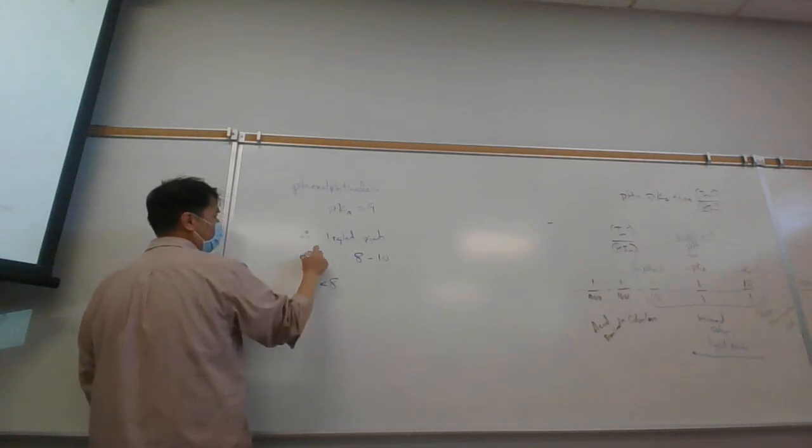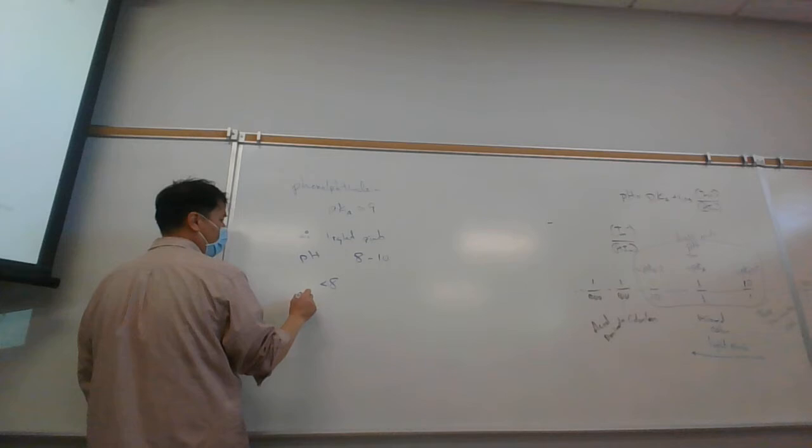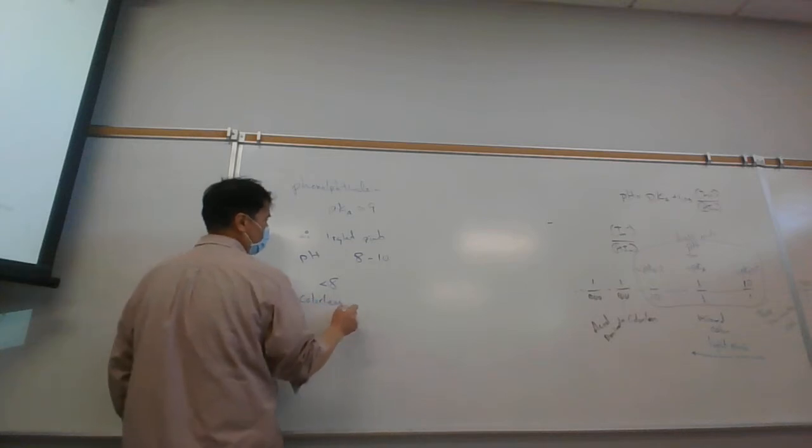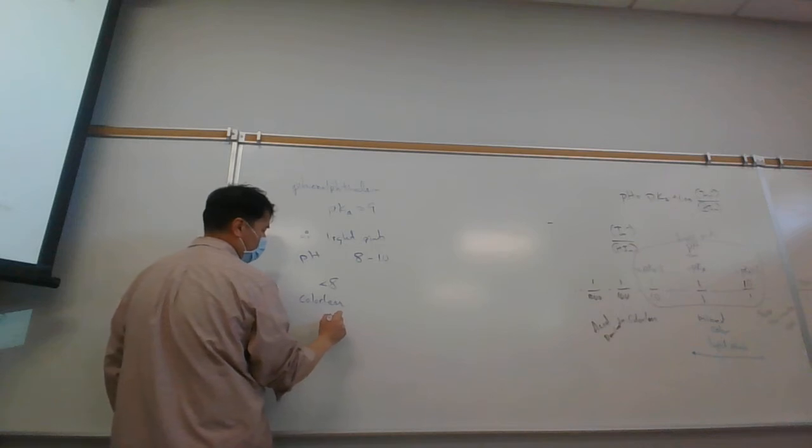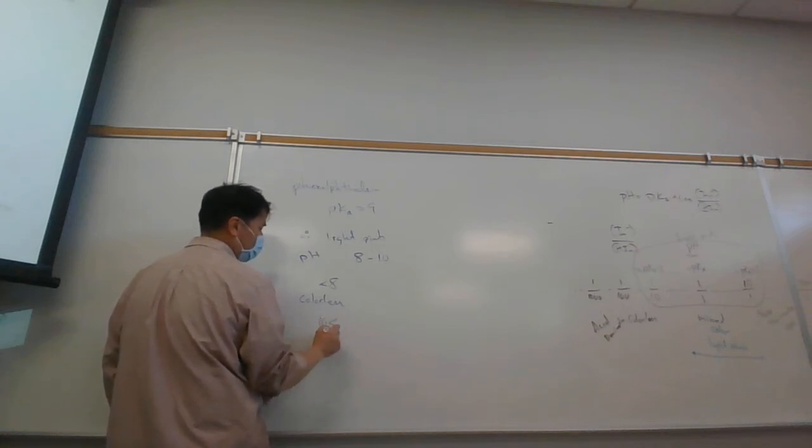Below, this is pH, 8 to 10. Below pH 8, it's going to be colorless. And above pH 10, it's going to be red.